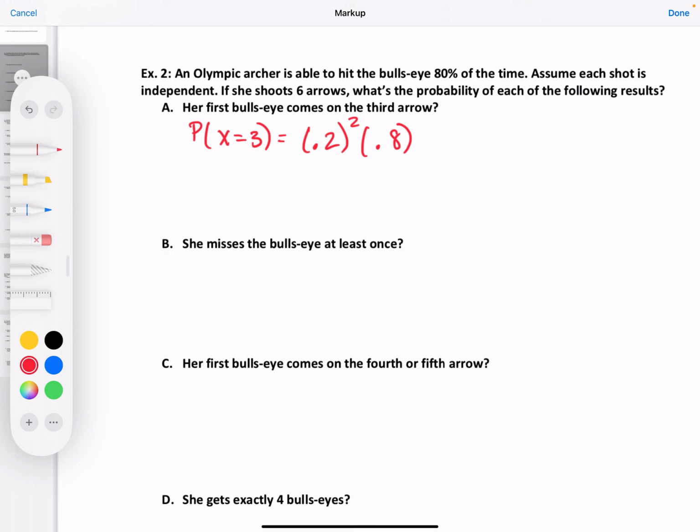And so you can either do it this way or calculator, which is what I would do, is geometric PDF because we care about the misses and then the make being on a specific one.